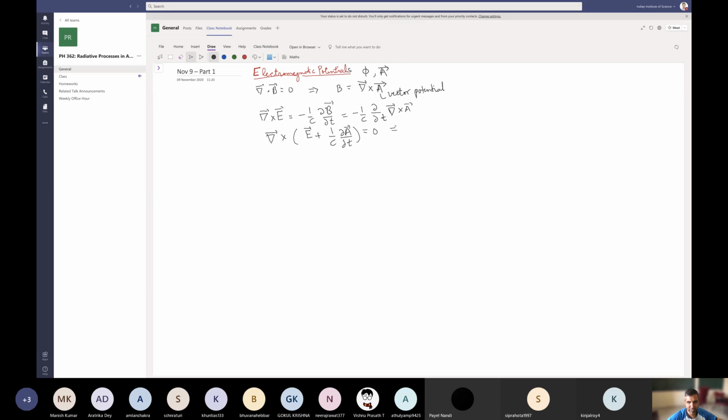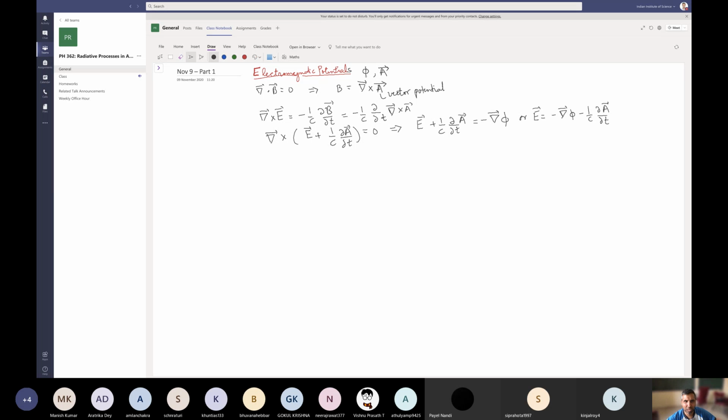So what this means is that we can write the electric field as the gradient of a scalar field. In other words, the electric field is equal to minus grad phi minus 1 by c dA/dt.